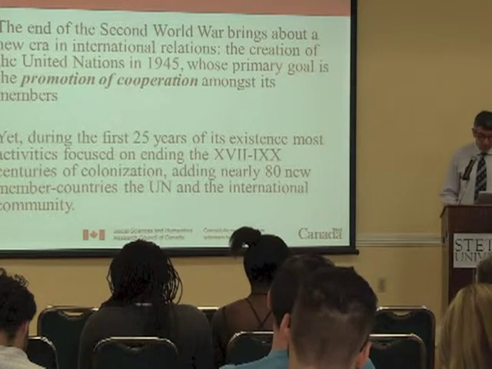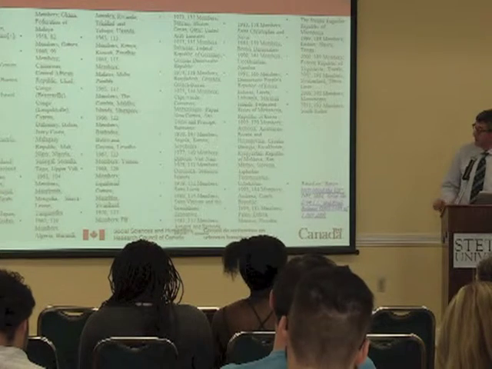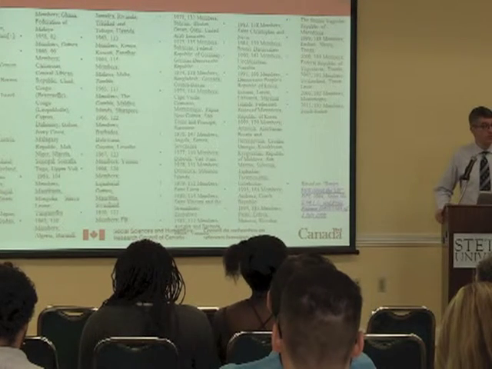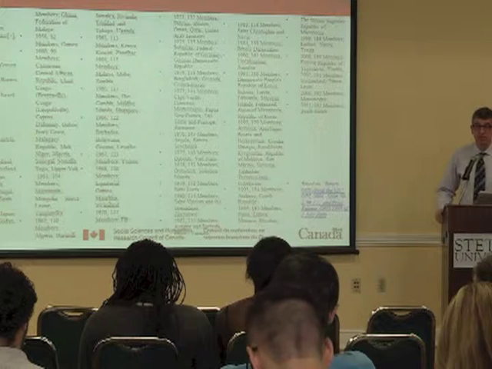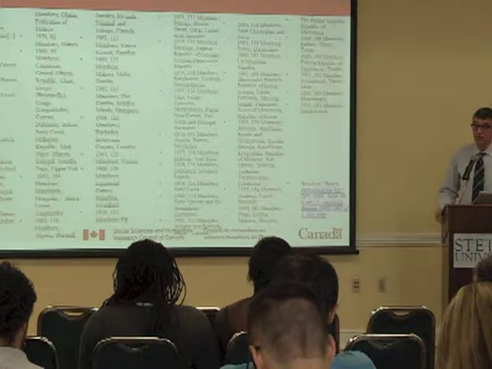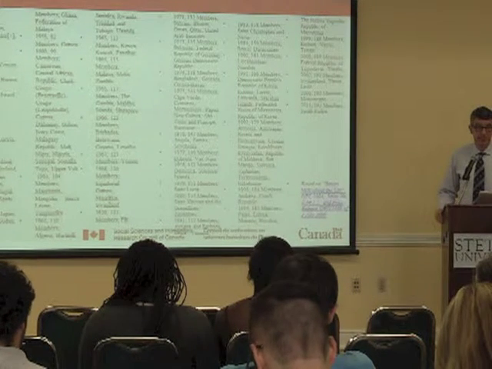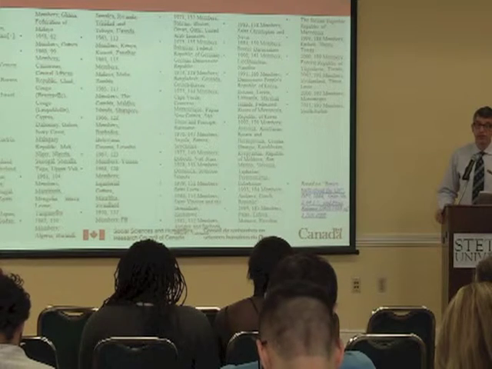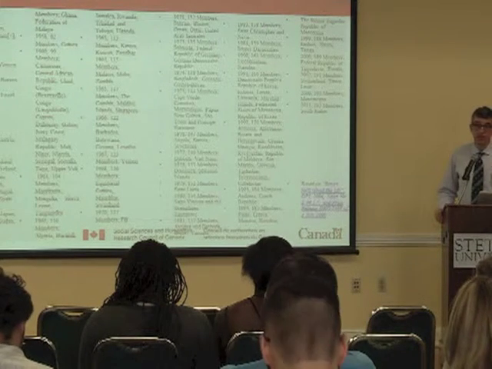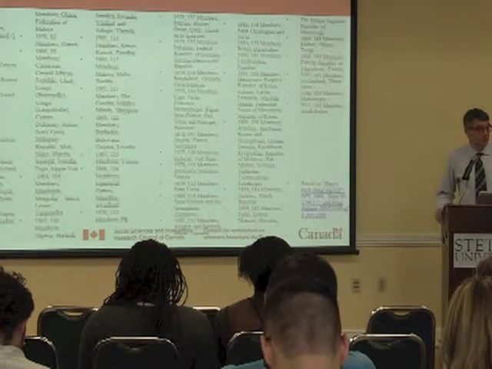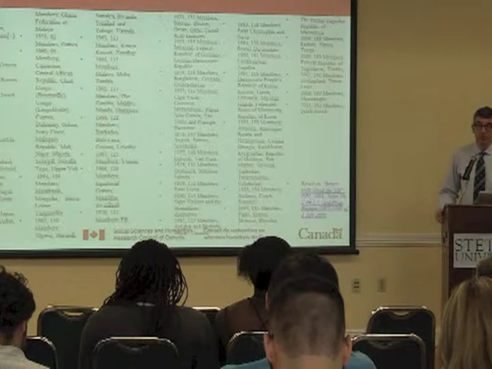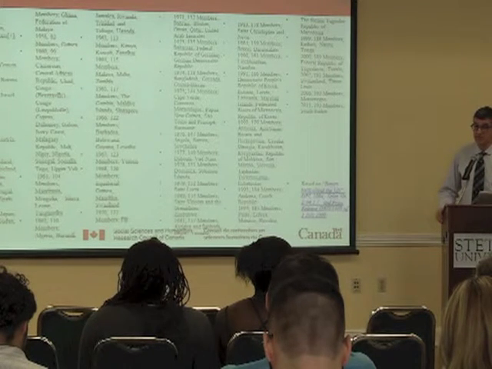But actually what we see is that almost every single year ever since the creation of the United Nations, we have new states that appear. And the total number that we have today is almost 198. According to some discussions, we should actually go beyond 200 states.